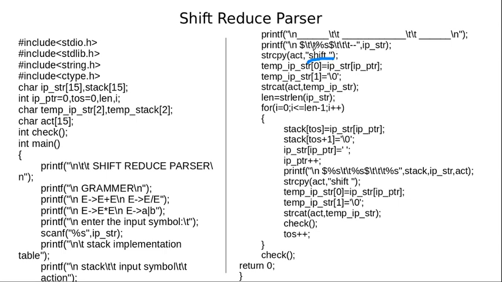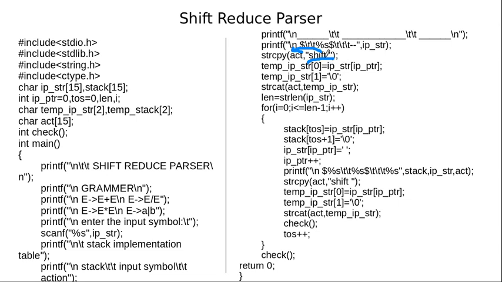I am copying it, and while implementing programs using strings, be careful, the string must end with a proper null character. So for that purpose, whatever action I transferred into ACT, the next character I am going to consider as the null character.